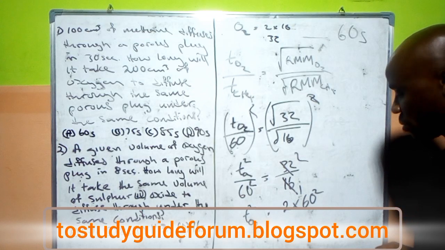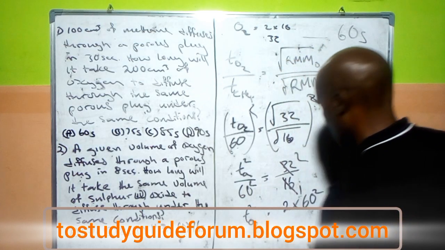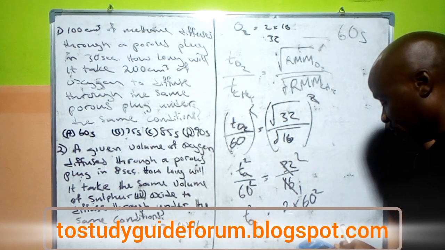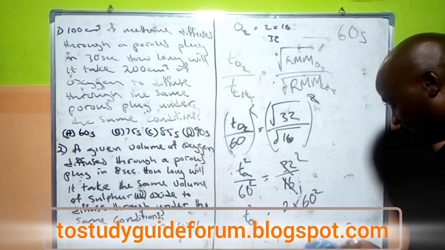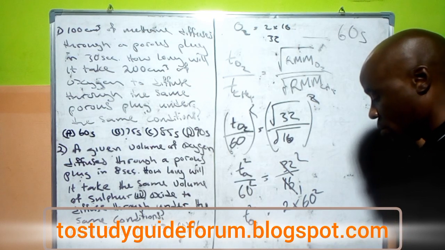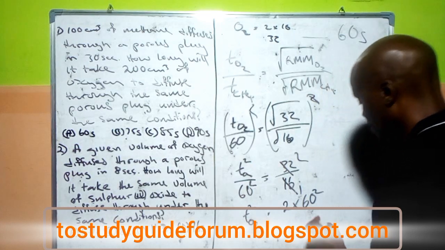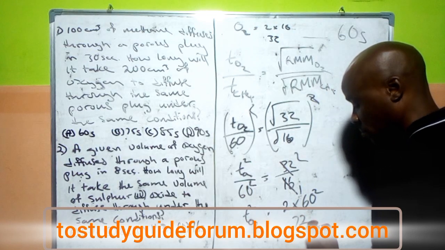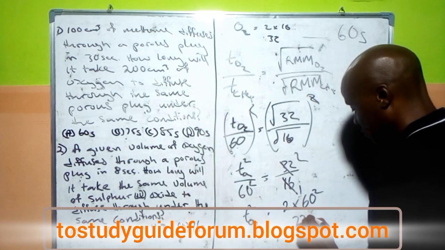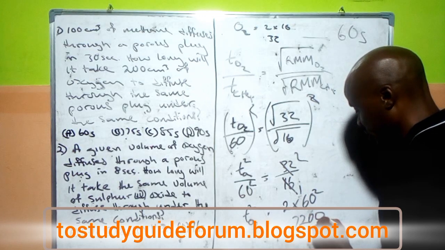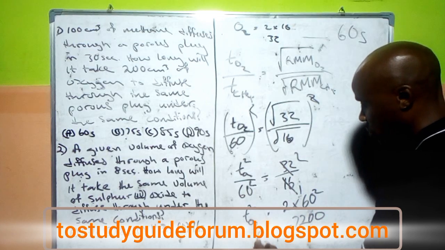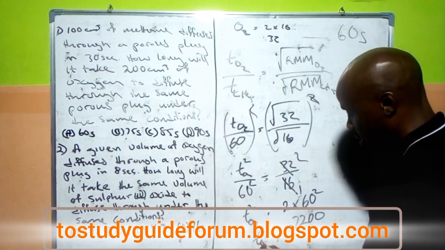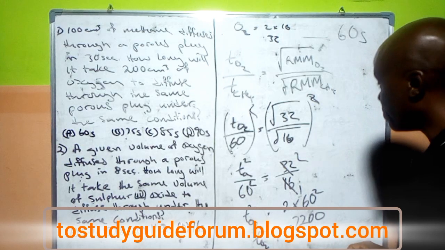2 times 60 squared. Let me just use the calculator to make it faster. 60 squared times 2 will be 7200 equal to T squared, substituting the oxygen.